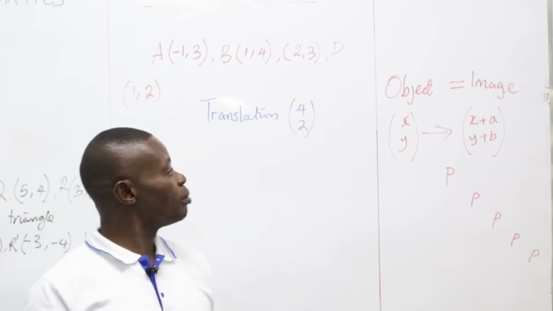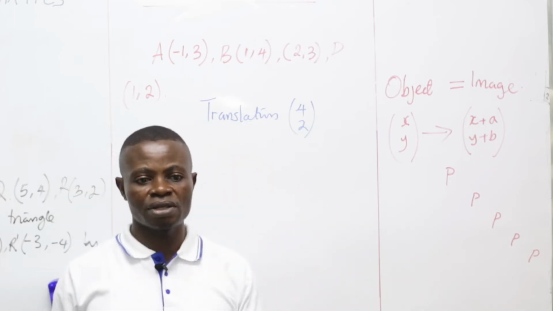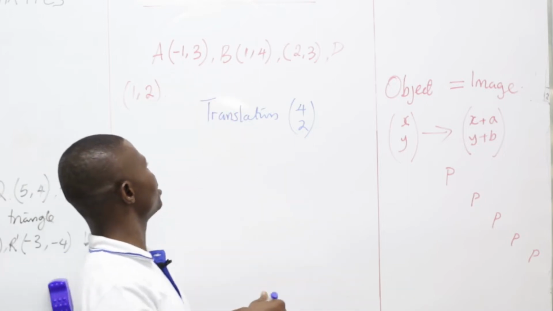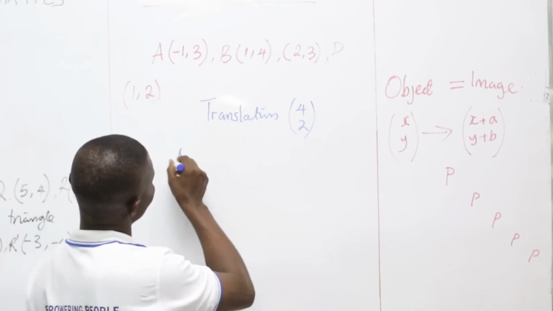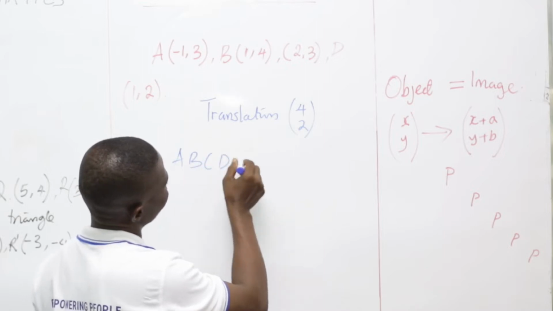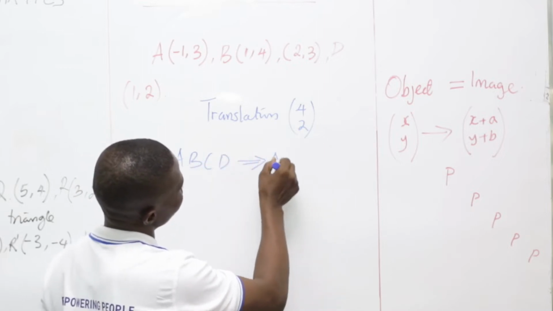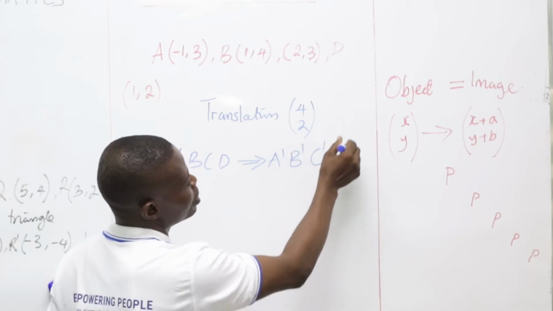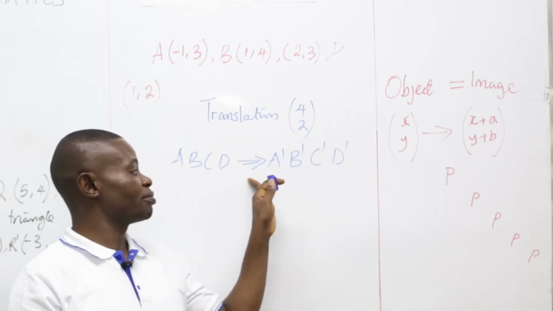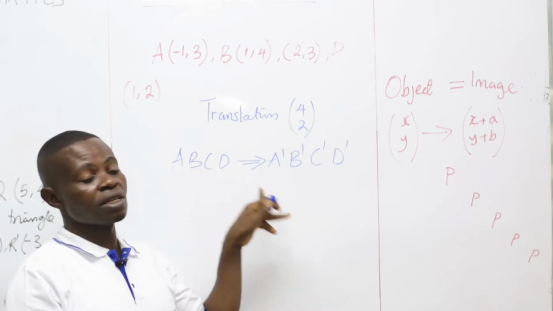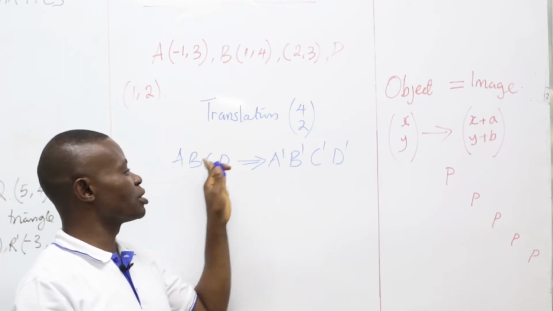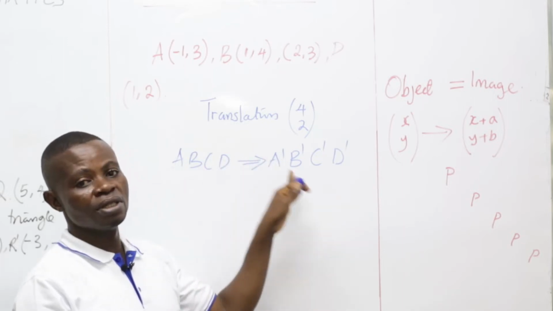Now, our job here is to create the image of these objects A, B, C, D. To create the image for A, B, C, D, the image will imply A prime, B prime, C prime, D prime. You can see them. The image of A is A prime. The image of B is B prime. Image of C, C prime. That of D, D prime.